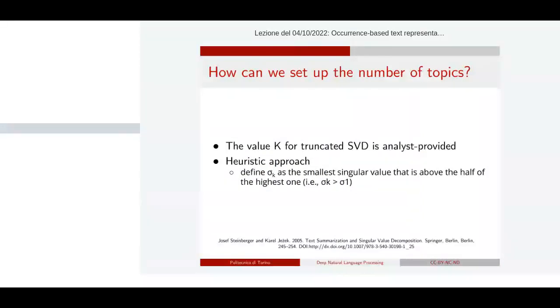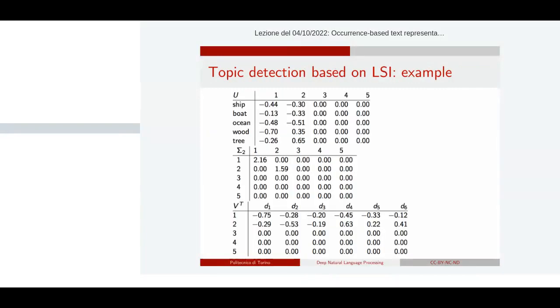So, for example, here, in the original version, if I have 2.16, I look at the second one, is it more than half of 2.16? 2.16 divided by 2 is 1.08. So the value of the second eigenvalue, 1.59, is higher than 1.08. So the second topic is relevant enough to be kept in the reduced version.